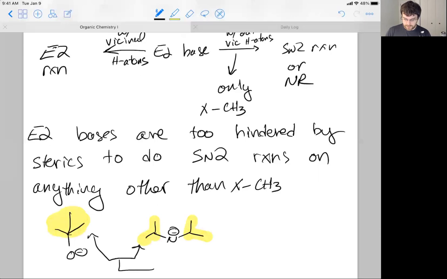So for our E2 bases, these big groups provide enough steric hindrance. Now, what that means is you're not going to see backside attack. The molecule just can't fit in a position such that it can push off the halogen atom on anything more complicated than CH3Br. So no backside attack, no SN2 reaction, no inversion of configuration, all of that. Rather, it's going to look for adjacent hydrogens, vicinal hydrogens from adjacent carbons, pull them off, and do E2 reactions.